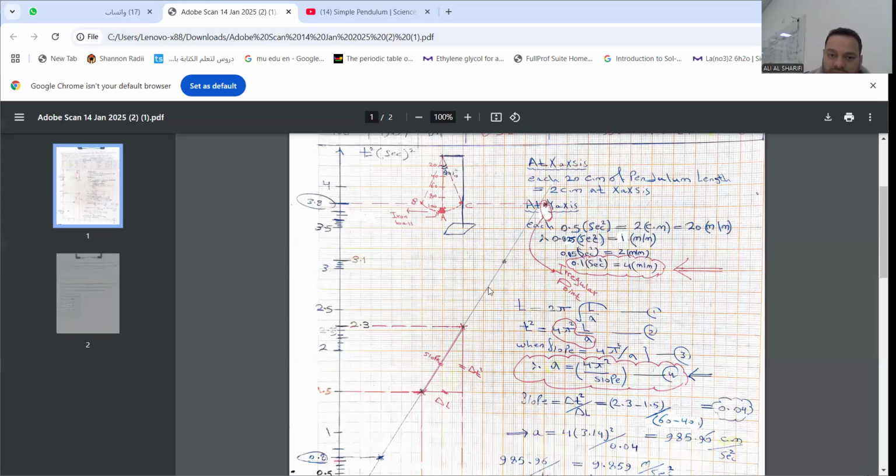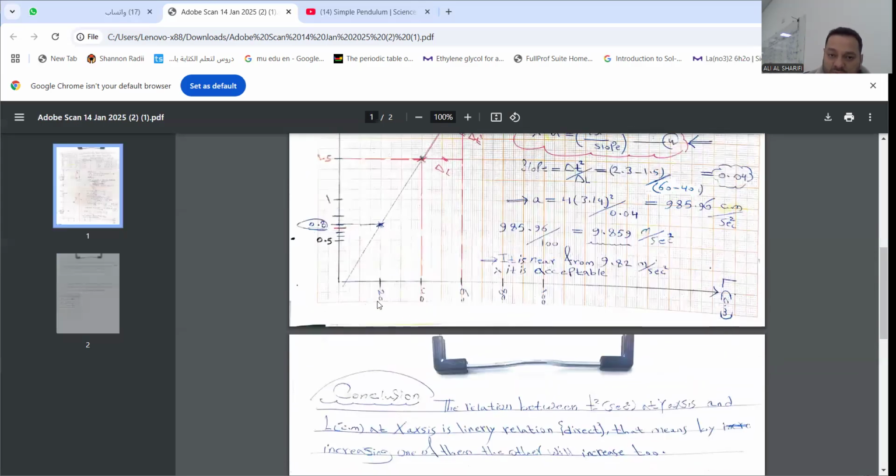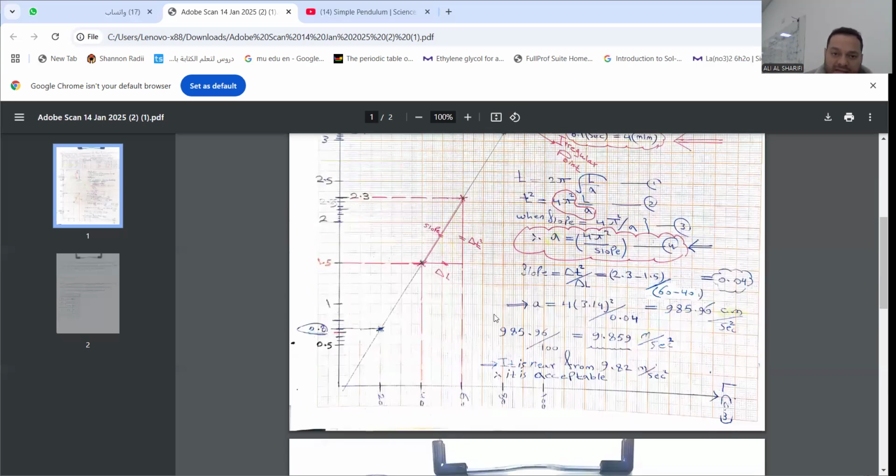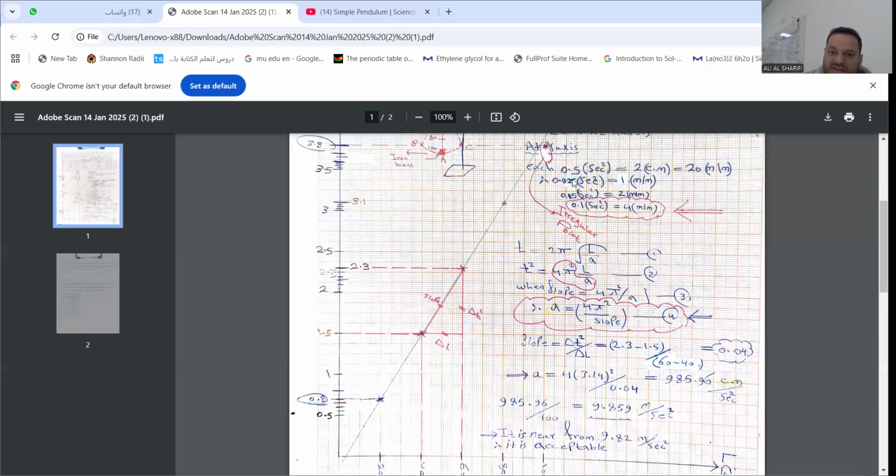Like I said before, every 20 centimeters of the pendulum length equals a centimeter on my x-axis. That's 40, 60, up to 100 centimeters of pendulum length. And let me go to the y-axis here. Every half second squared equals 20 millimeters. According to that, I can say every 0.1 second squared equals 4 millimeters.